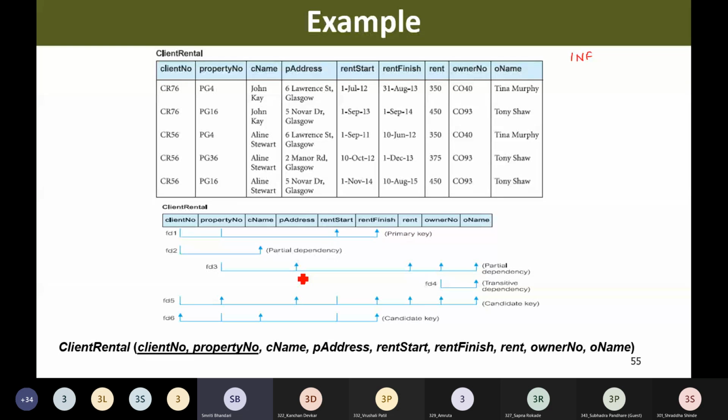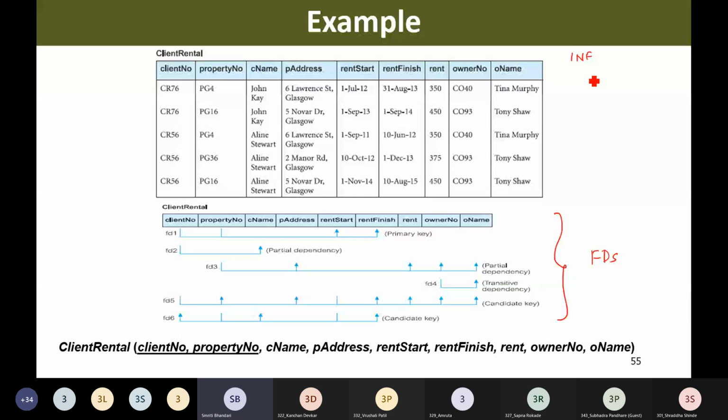Property number determines property address. Owner number determines owner name. Further, client number, rent start determines all other values. Similarly, property number, rent start determines client number, client name, rent finish. So these are the several functional dependencies that we may come up with.